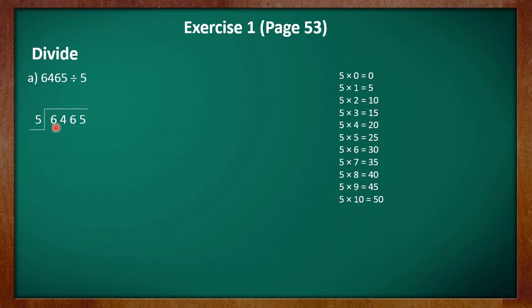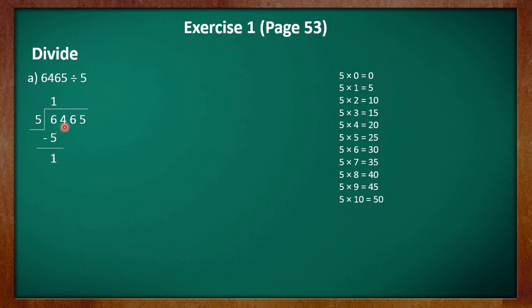So we will divide 6 by 5 first. And we know that 6 is greater than 5. So we have 5 ones are 5. So we will write 1 as quotient and we will subtract 5 from 6. So we will get 1 as remainder.